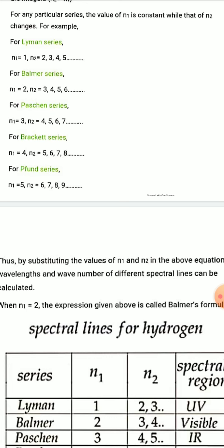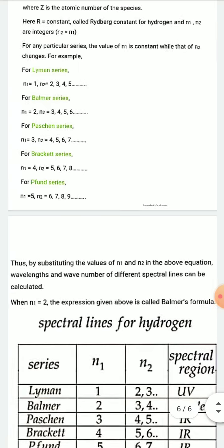Okay, so due to this large number of electronic transitions in a large number of hydrogen atoms, we get the line spectrum of the hydrogen atom, that is the different series of the hydrogen atom.